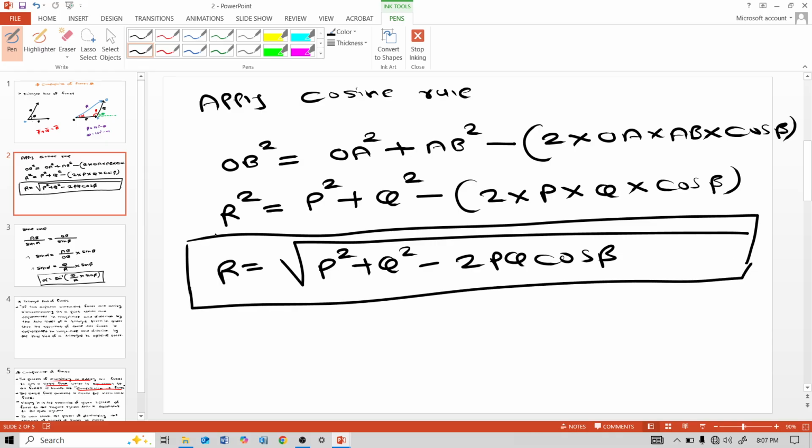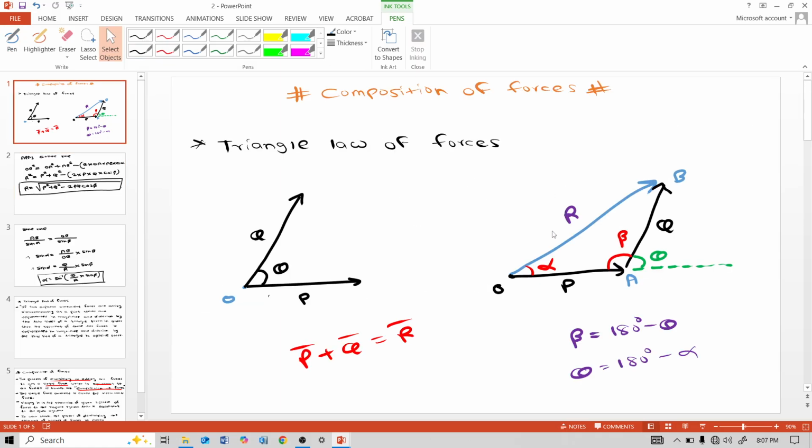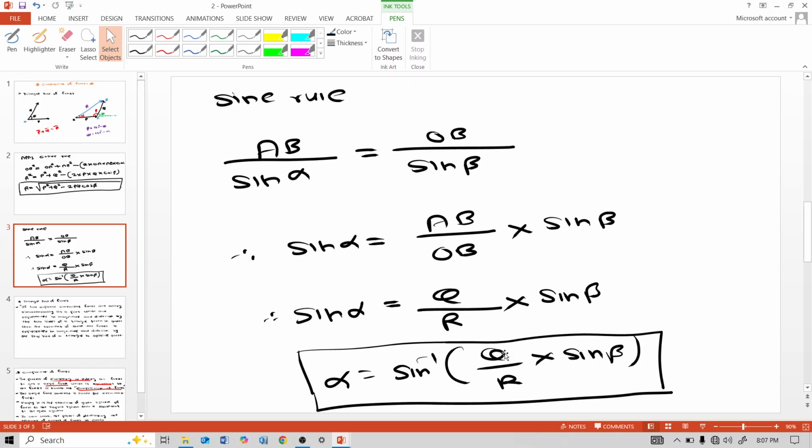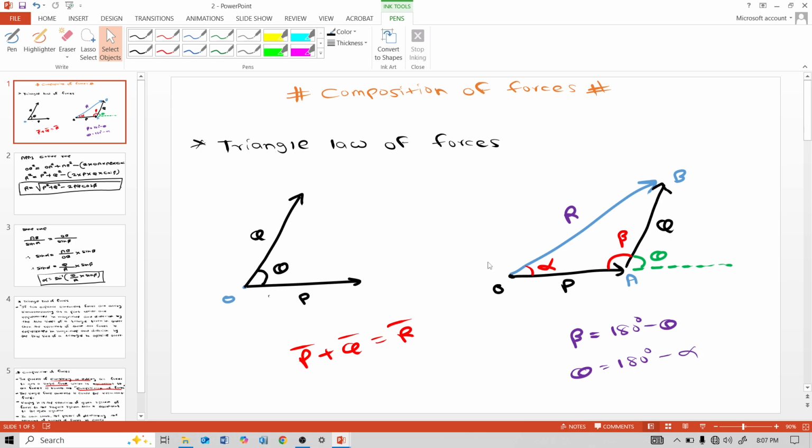Observe here: R is equal to the square root of P square plus Q square minus 2PQ cos beta, and alpha is equal to sine inverse of Q upon R into sine of beta.